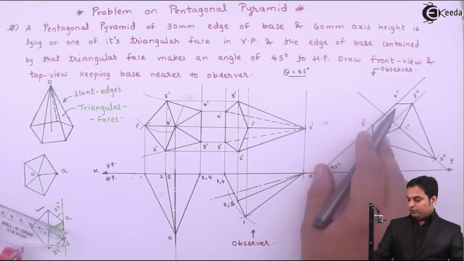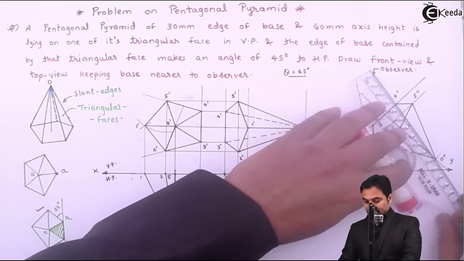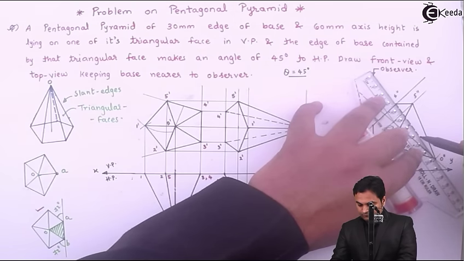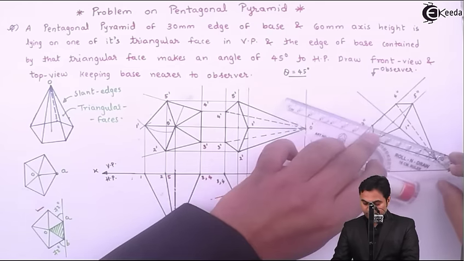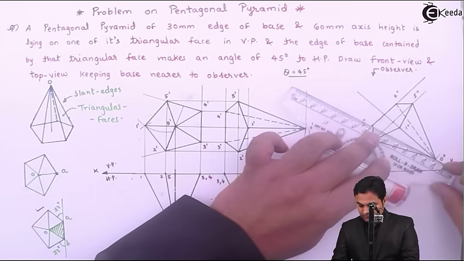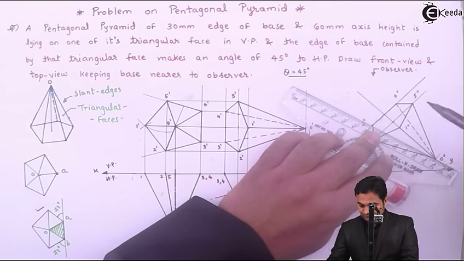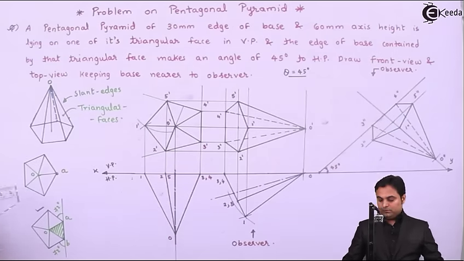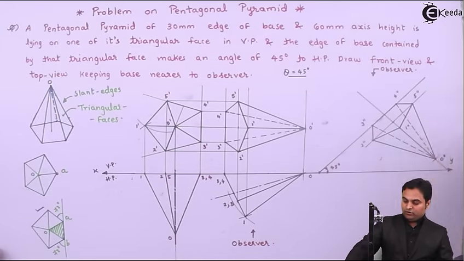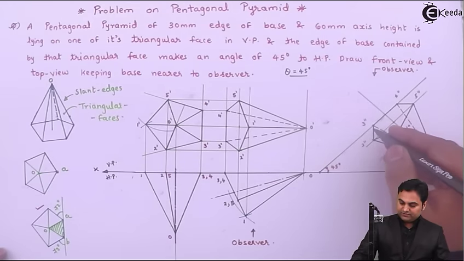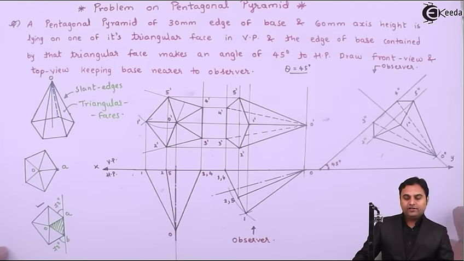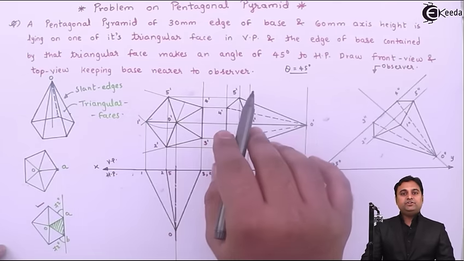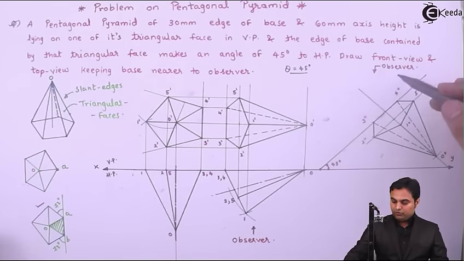Next, connecting 4 double dash O double dash with a hidden line. Then 3 double dash O double dash with a hidden line. Now this pyramid I have copied here, that is the edge 3 double dash 4 double dash is inclined at 45 degree to HP, and the base is nearer to observer. As mentioned in the question, we have made the base closer to observer.